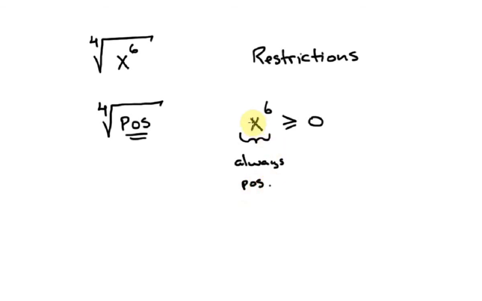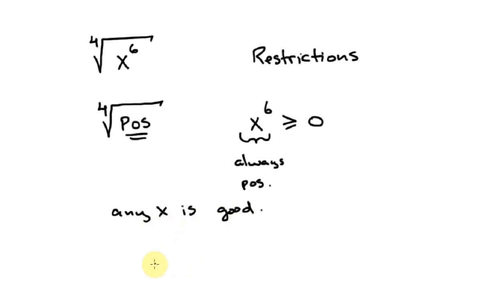It doesn't matter whether x is a negative number. When I raise it to the 6th, it's going to turn into a positive number. So whatever number x is going to be good. This is another one of those where any x will work. What's a nicer way of expressing that?